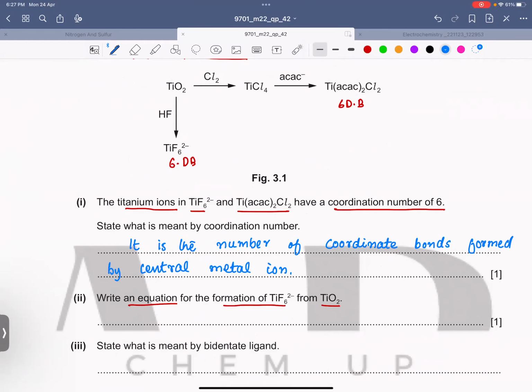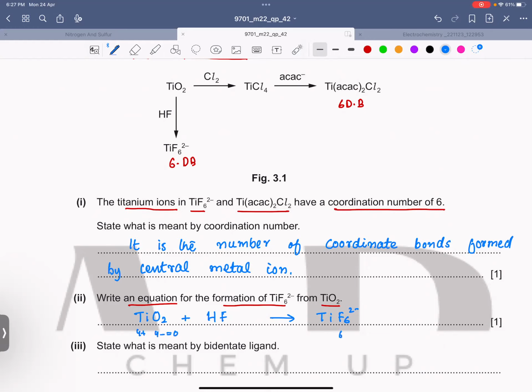So, TiO2 is reacting with HF, forming TiF6 2 negative. Here the oxidation number is 4 positive and 4 negative, which is 0.